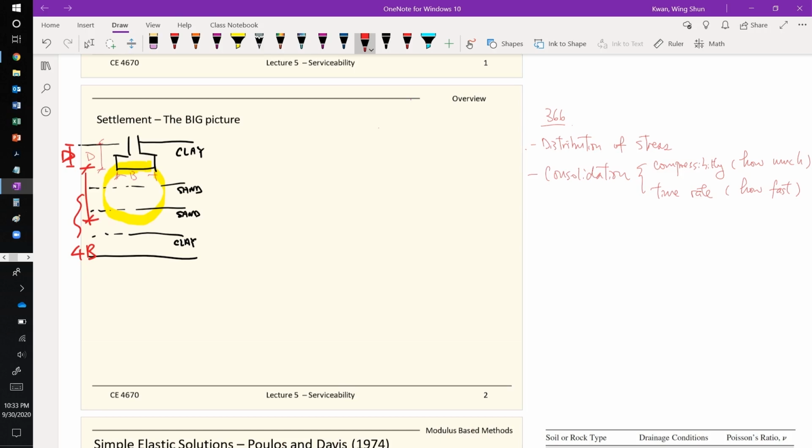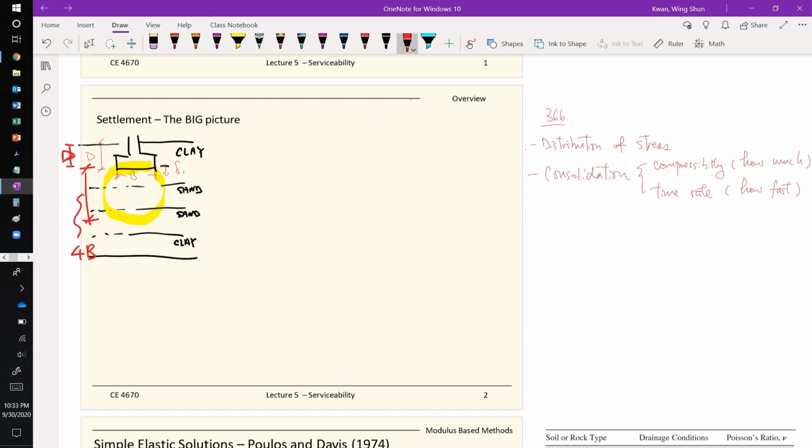When the loading is put on the ground, you will start to deform the ground, so you are causing settlements. Within the zone of influence, in each soil layer, the soils will be deforming.